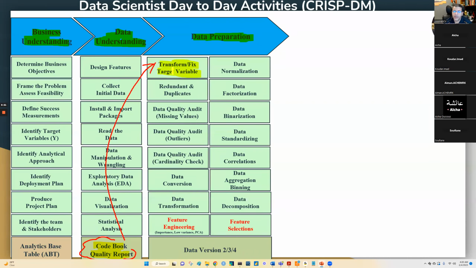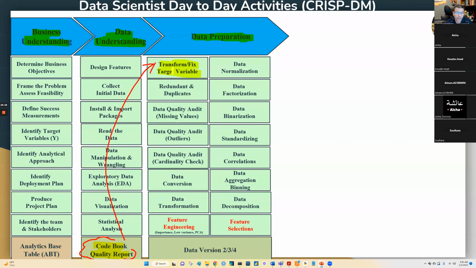And if it's not normally distributed, you might need to fix the skewness. If your target variable is binary, trinary, multi-class, or nominal, and if it's not balanced, then you need to balance it. Otherwise, you could keep it as is, but you have to use a different measurement to measure the accuracy of the model.